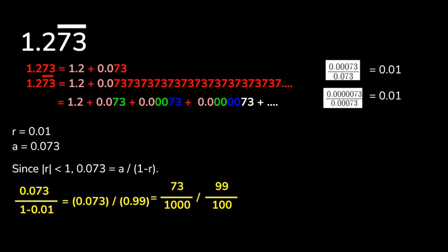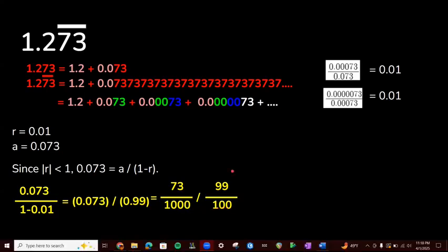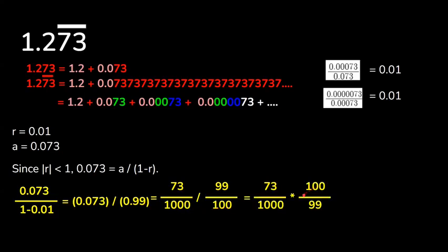So it's going to be 73 over 1,000 divided by 99 over 100. Hopefully you know how to convert that to fractions. Not that hard to do. And obviously we can flip this thing around and multiply. You know that, same change flip. And we multiply these numbers and we get pretty big numbers. That's what I'm talking about. It can be kind of hard. You get 7,300 divided by 99,000.